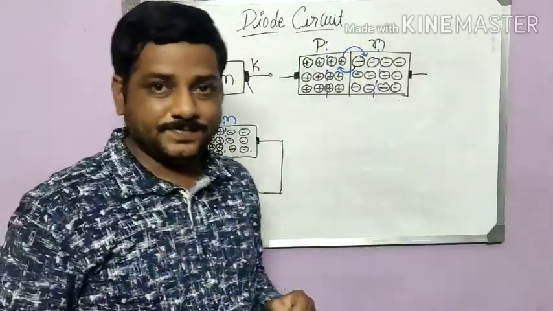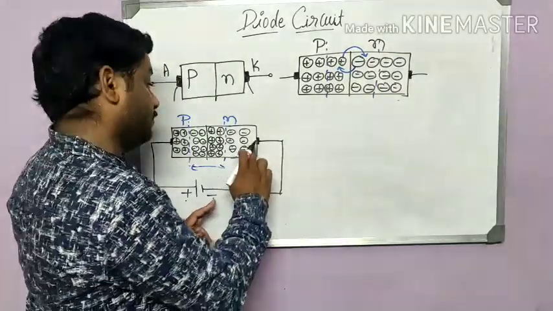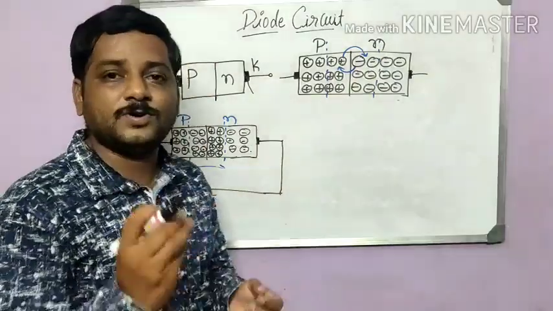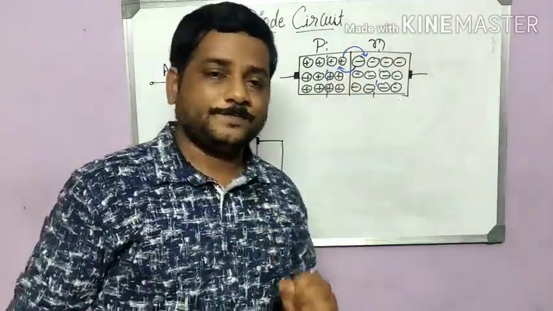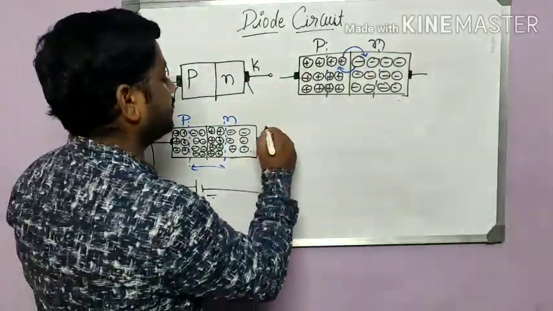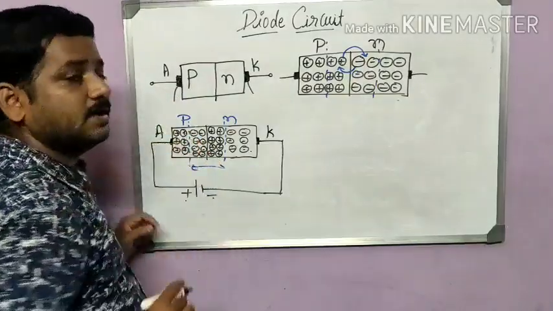Now you tell me, if I give a negative terminal here and here also I have a negative terminal, will they attract or will they repel? When we have the same polarities, it will repel. So when I give the negative terminal to the N region, or cathode, we name this the cathode, and we name this the anode.